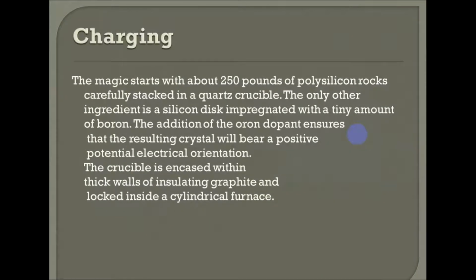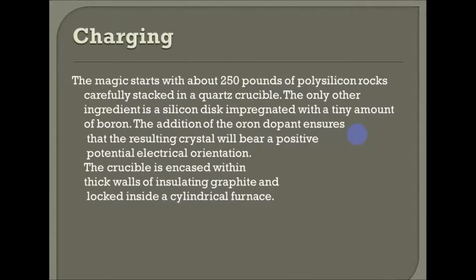First stage, charging. This stage begins with charging about 250 pounds of polysilicon rocks, carefully stacked in the quartz crucible. The only other ingredient is a silicon disc with a tiny amount of boron.